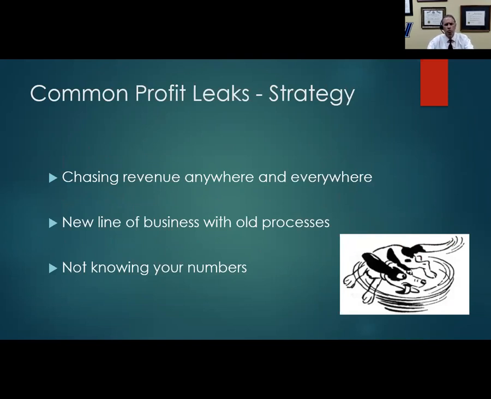A new line of business with old processes. So if you have, I'll take the landscaper again who decides maybe to go into tree lighting over the off season. If they implement the same lawn care processes to the tree lighting, which I've seen, you'll find that there's inefficiencies.